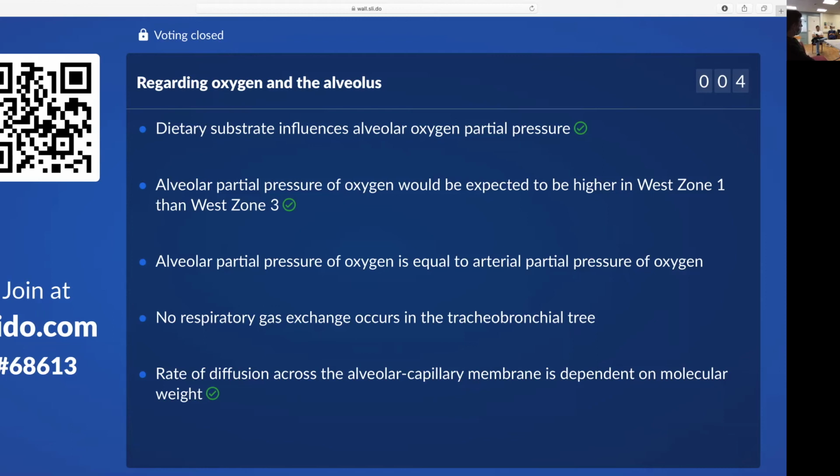In each zone, the pressures to do with the... So it's pressure, not partial pressure. So it's pressure in the arteries and the veins.